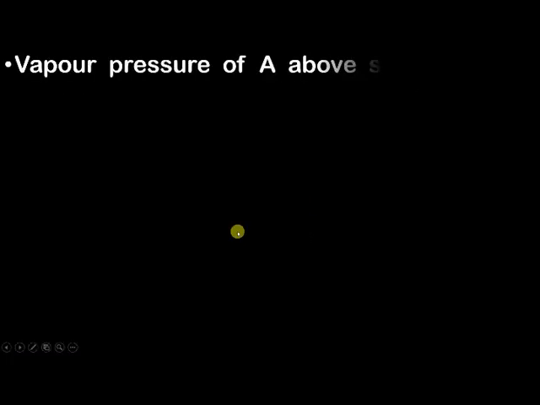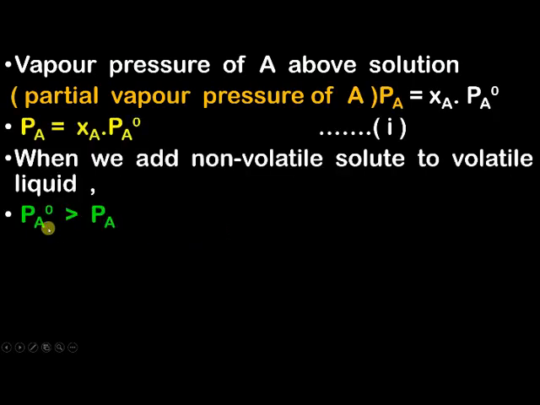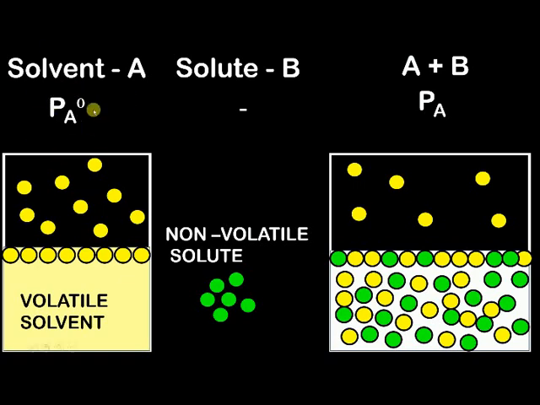What happens is that guys, the value of this Pa0 will be greater than the value of Pa. Okay. See, this is Pa0. The value of this vapor pressure when it is pure will obviously be greater than the value of Pa, and this is called vapor pressure lowering. Clear with this?